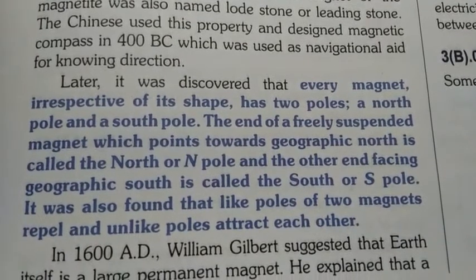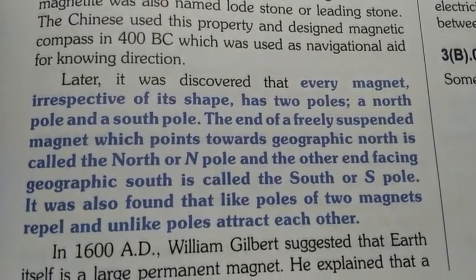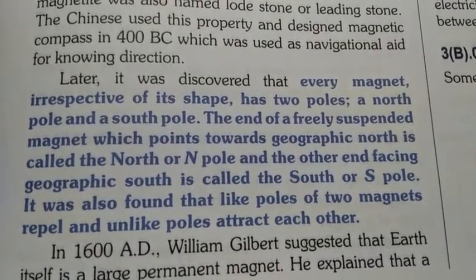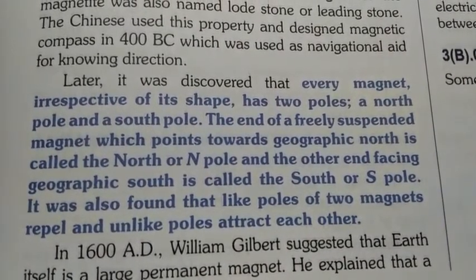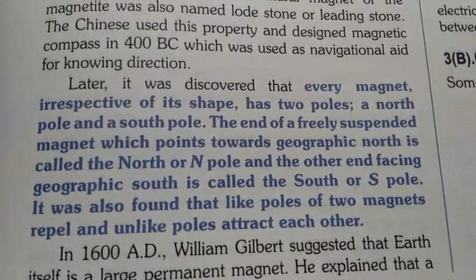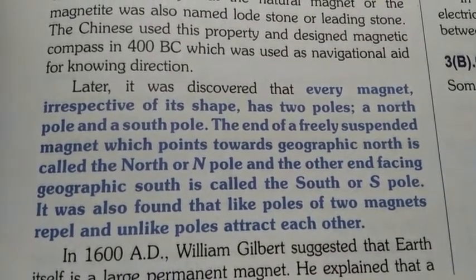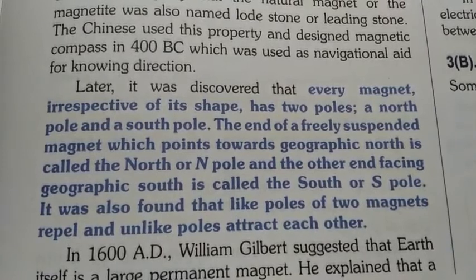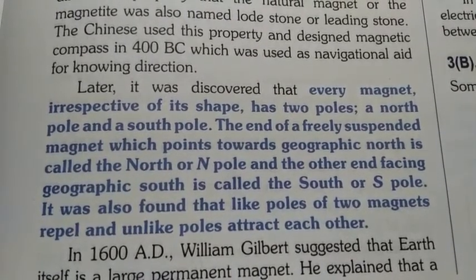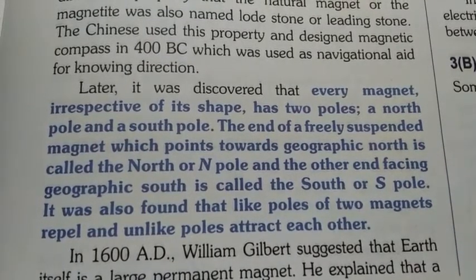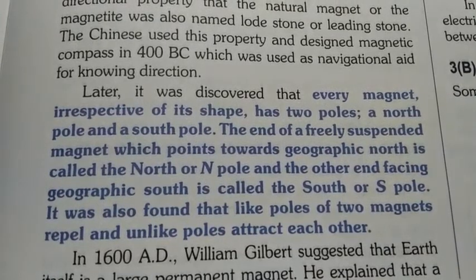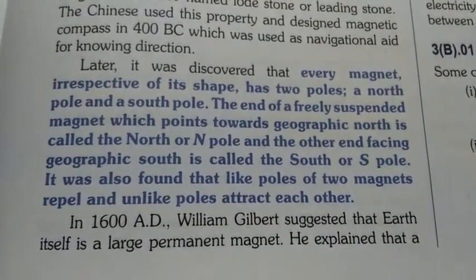Now let me clear one thing here. See, generally in practice, the end of the magnet which is pointing towards the geographical N pole of the earth, we consider that as the N pole of the magnet. But as we already know that like poles repel and unlike poles attract, what happened?